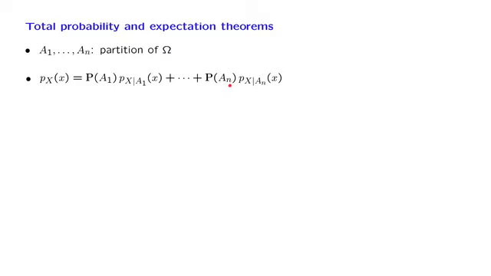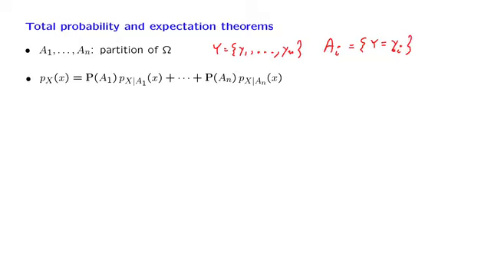Now suppose that we are dealing with a random variable y that takes values in a set consisting of n elements. And let us consider scenarios. A_i, the ith scenario, is the event that the random variable y takes on the ith possible value.